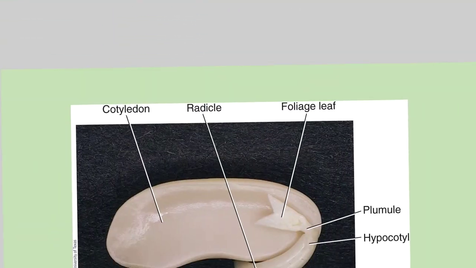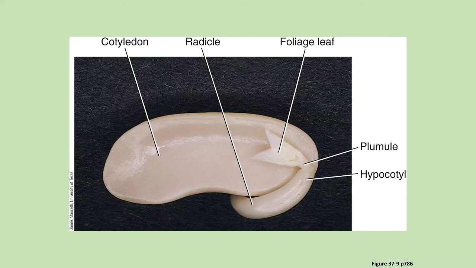And here's what an actual seed looks like. This is a seed from a bean. Actually, we are only looking at one of the cotyledons, so this is a dicot. It has a seed coat, and one of its 2 cotyledons was removed.